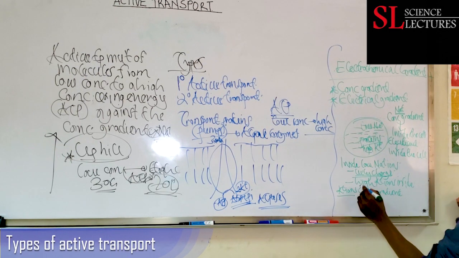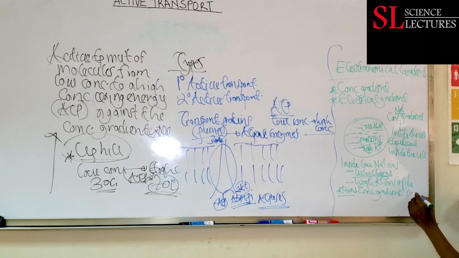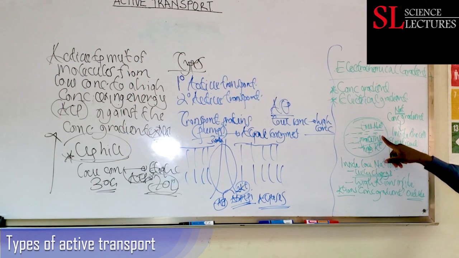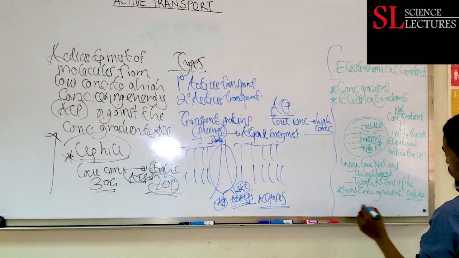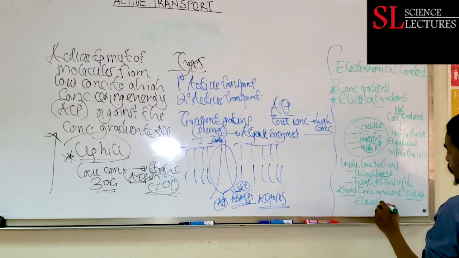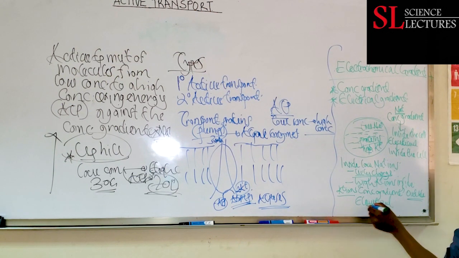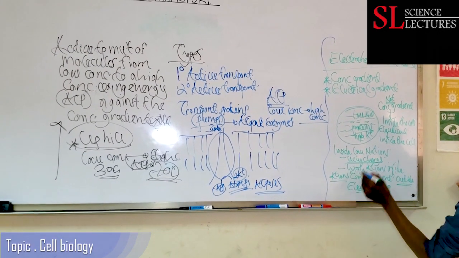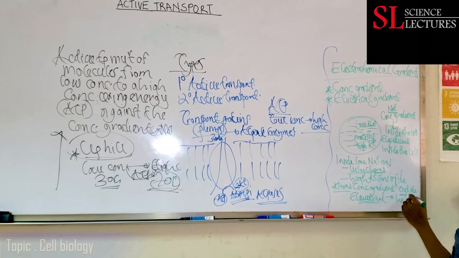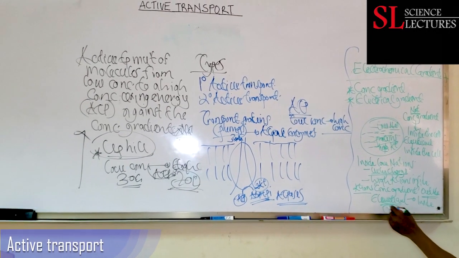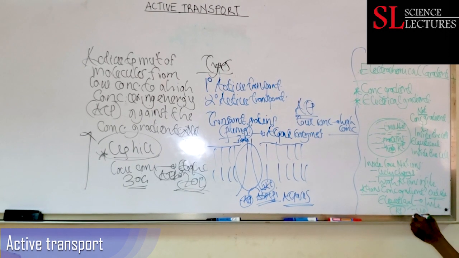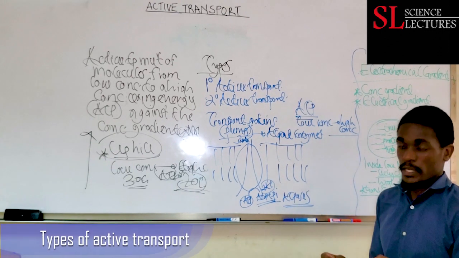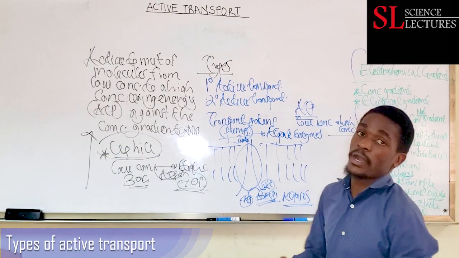So the concentration gradient will move them towards the outside of the cell because they have a high concentration inside the cell, but the electrical gradient will move them to the inside of the cell because they are also positively charged and the inside of the cell is negatively charged. So they will be attracted to the inside. So this concept is very important for us to understand primary active transport and secondary active transport.